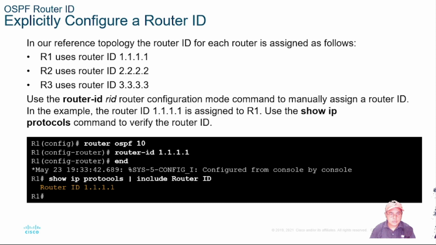this command, router-id. If, for example, you run show ip protocols and your router ID is the loopback IP address, and you want to change that into this router ID, you can do that by first entering router ospf 10 and then the router-id 1.1.1.1 command, and then go to privilege mode and type clear ip ospf process, which resets all OSPF processes.